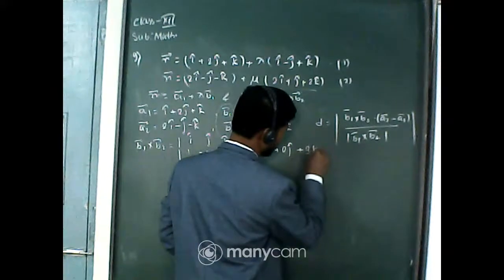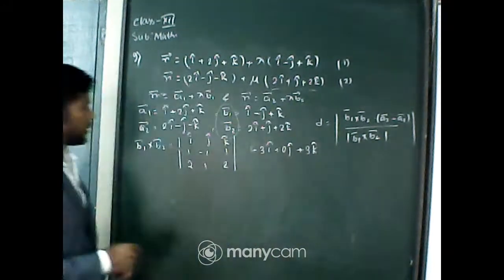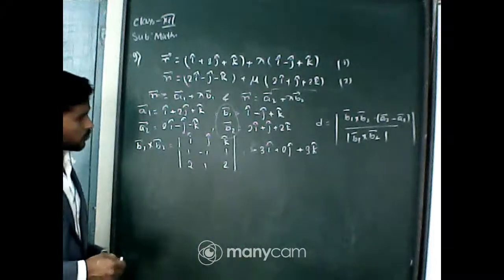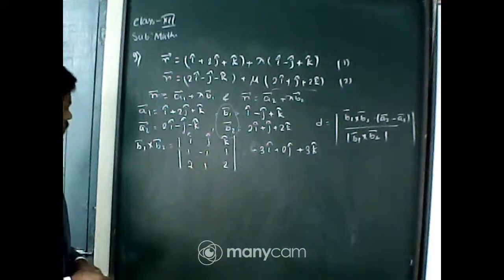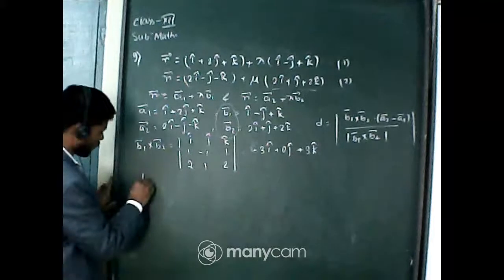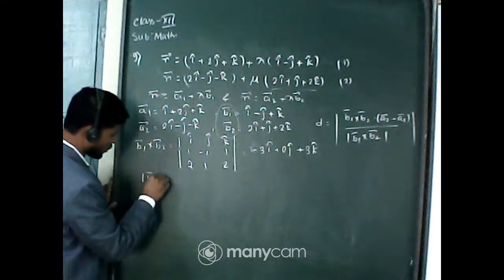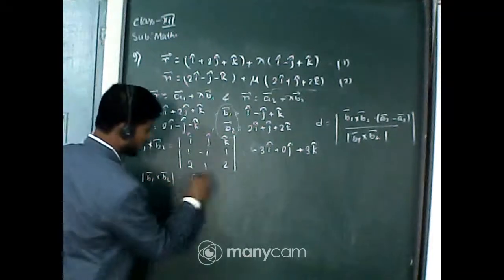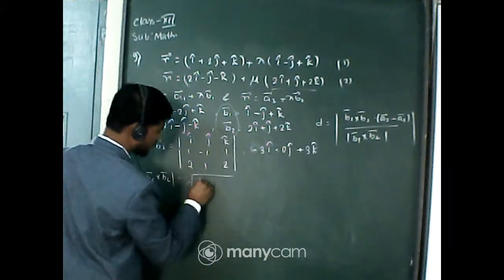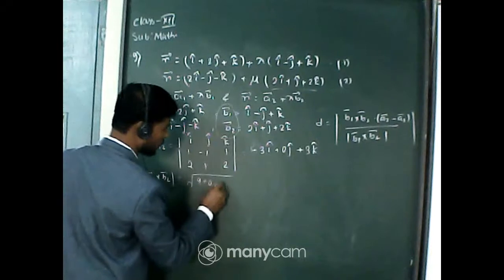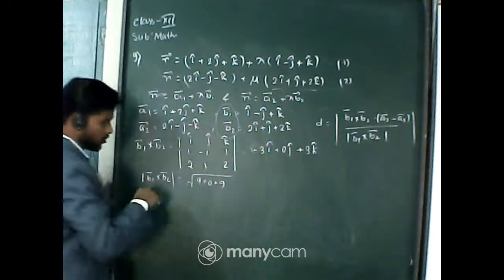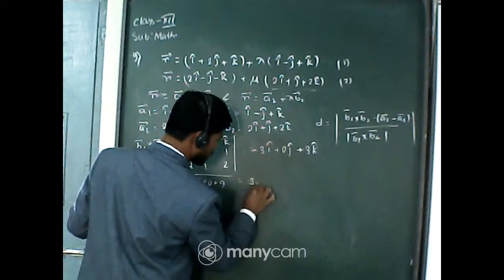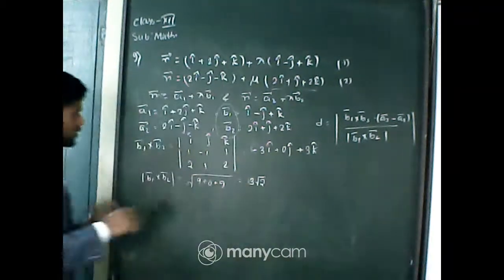So b1 cross b2 is equal to minus 3i plus 0j minus 3k. Now find the mod of b1 cross b2. That will be under root of minus 3 square plus 0 square plus 3 square, root over 18, which is equal to 3 root 2.